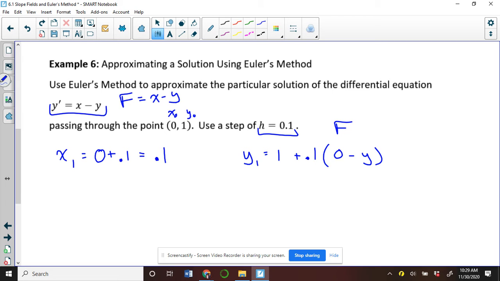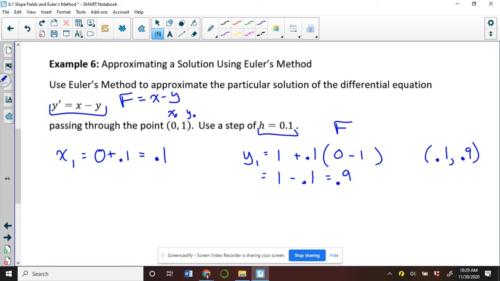So that is 0 minus 1. So now we have 1 minus 0.1. And 1 minus 0.1 is our 0.9, meaning our next coordinate pair is 0.1, 0.9.